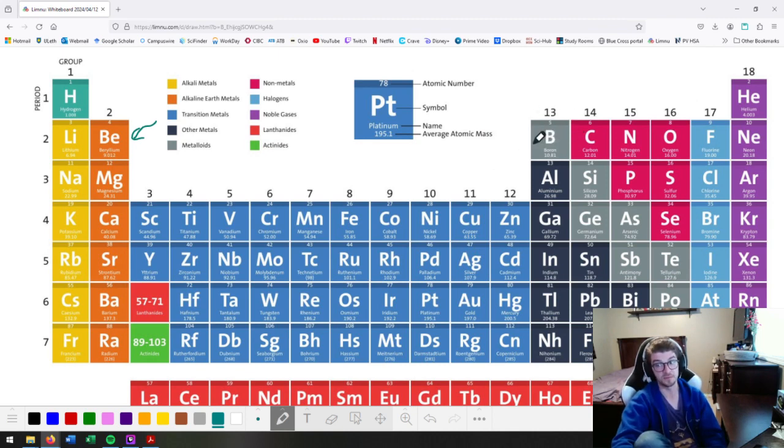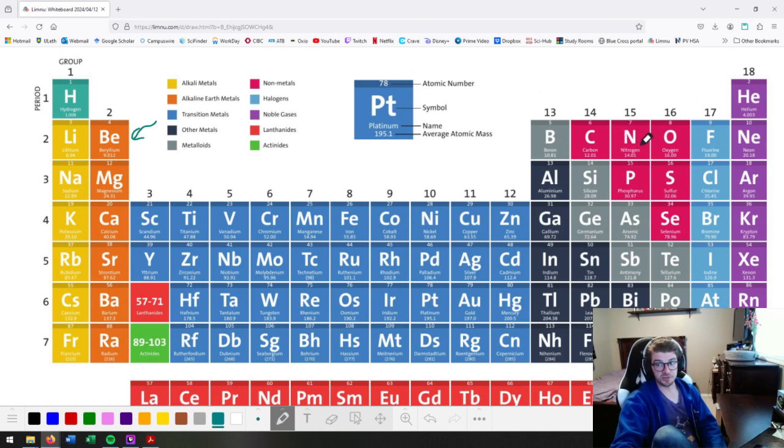It tends to occur in the +3 oxidation state so that it can go 1, 2, 3 and get to its noble gas configuration. Carbon can kind of go either way because it's got 4 valence electrons. It can go to a +4 oxidation state, so it's 1, 2, 3, and 4 to a noble gas configuration, or it can be in the -4 state and go 1, 2, 3, 4 to its noble gas configuration corresponding to neon.